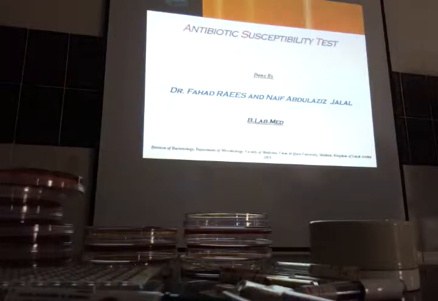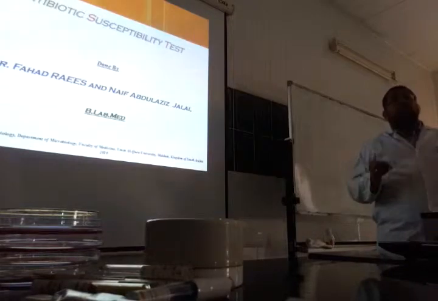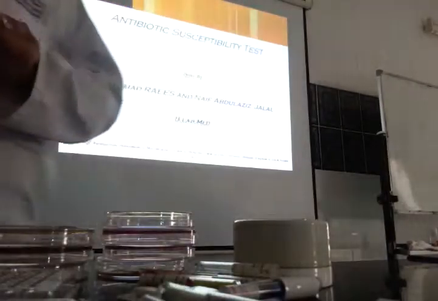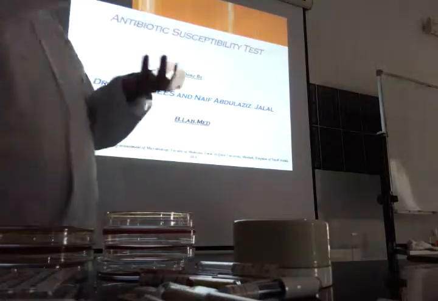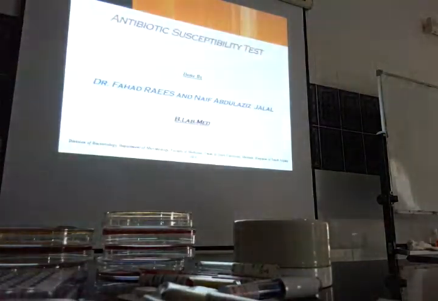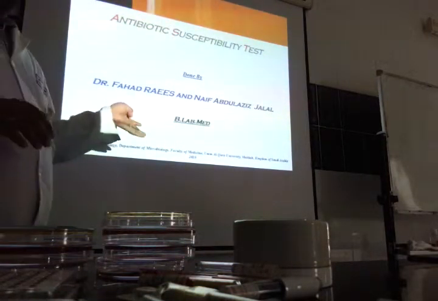Now we know which bacteria we have. This bacteria is coming from a patient. Now we will expose this bacteria to different types of antibiotics and see which antibiotic is working against it. Once we know that, we will report that back to the physician and he can give that antibiotic to the patient. This is the importance of the test.